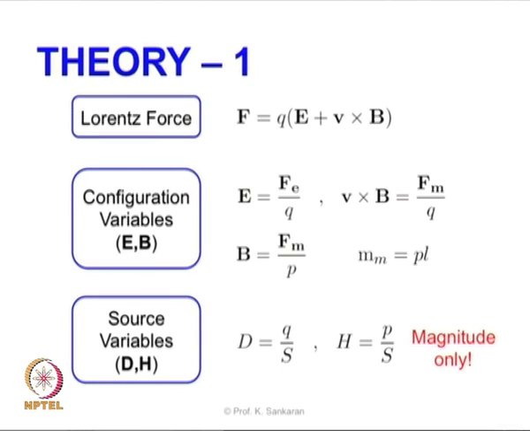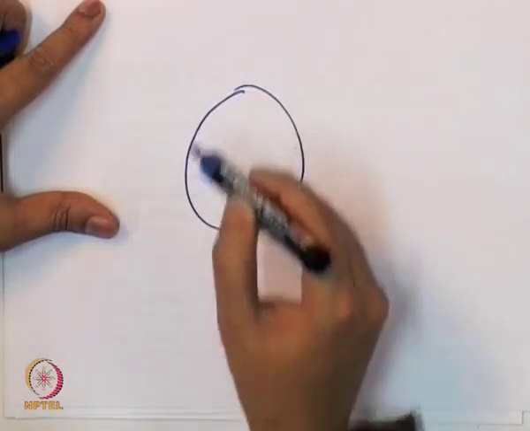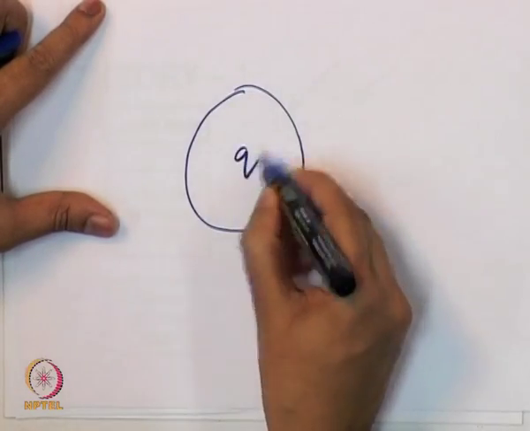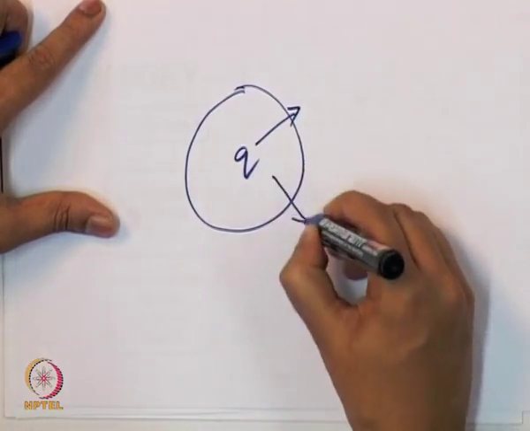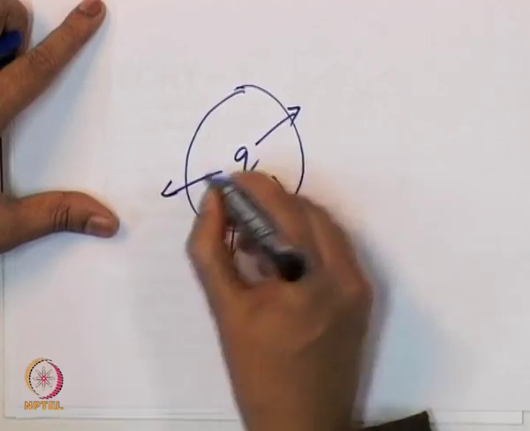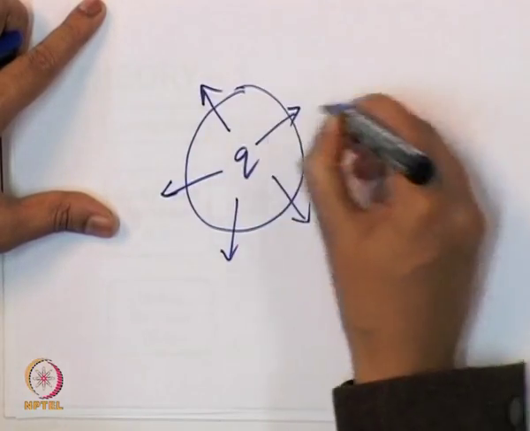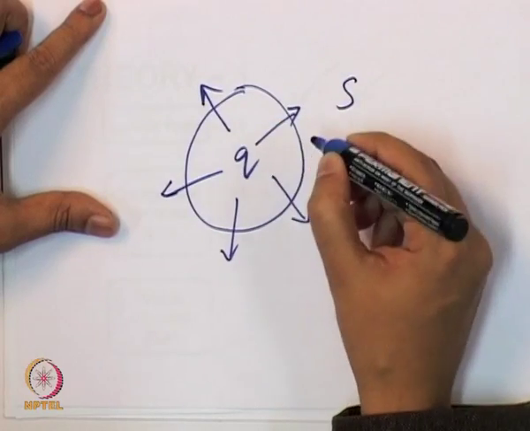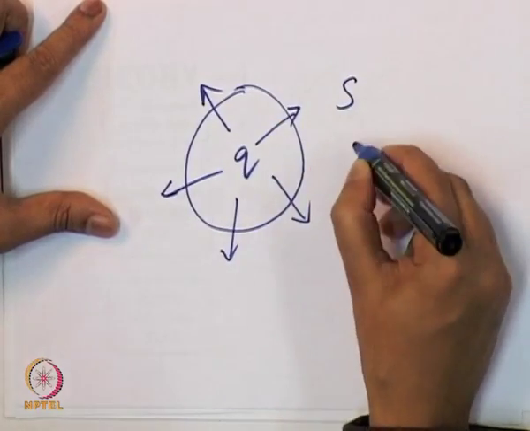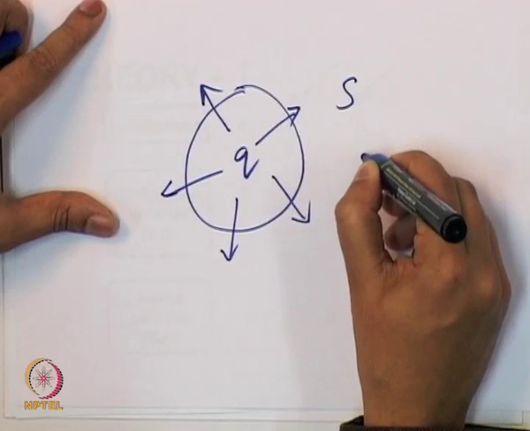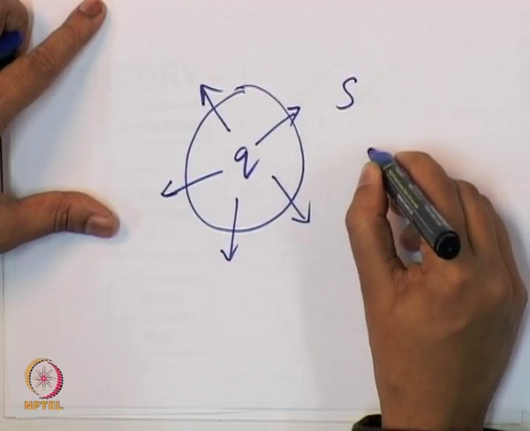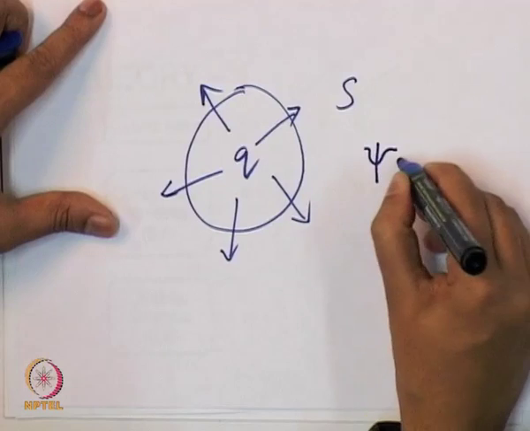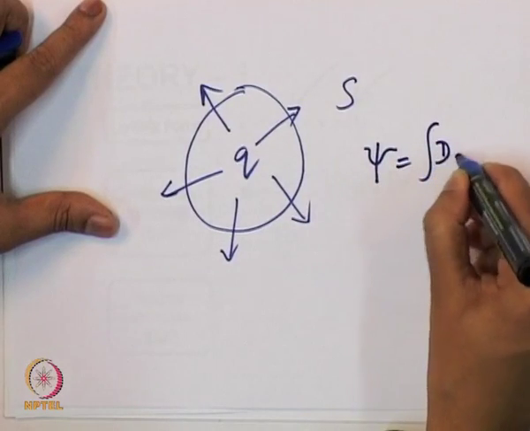In other words, assume that there is a surface and there is a charge inside, and the surface area of this closed surface is given by S. We know that the electric flux, which we will call phi, is equal to the integral of D dot dS.